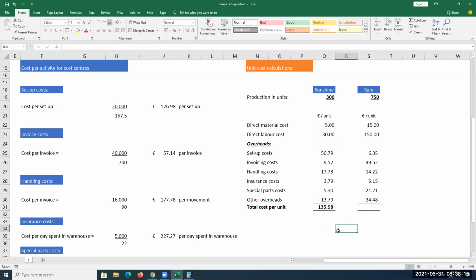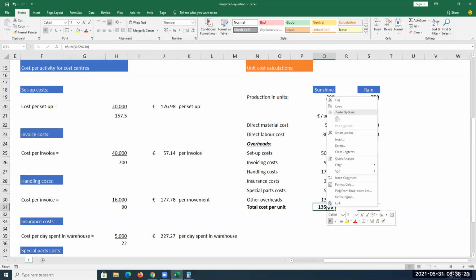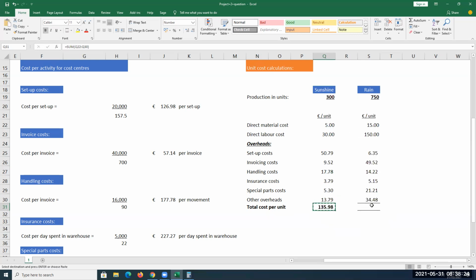So to make 1 unit of sunshine, the total cost is 135.98, and for the rain product is 295.94 euro per unit. So that is the total cost.